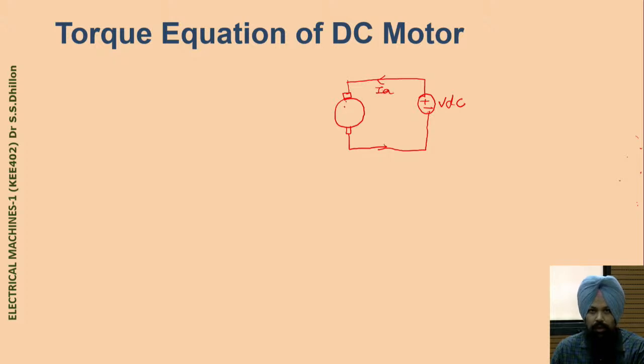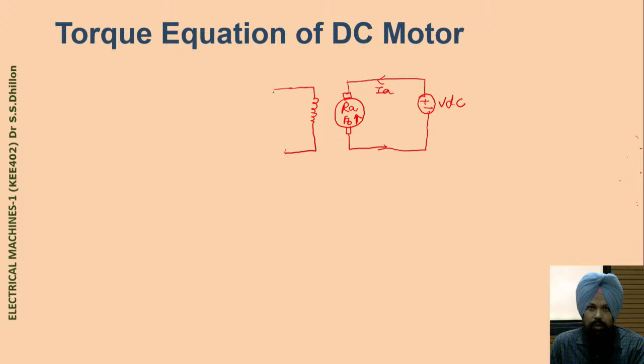We know that Ra is the armature resistance and the back EMF is Eb. I will discuss in detail the significance of back EMF also. Separately, we have the field winding for this separately excited DC motor.